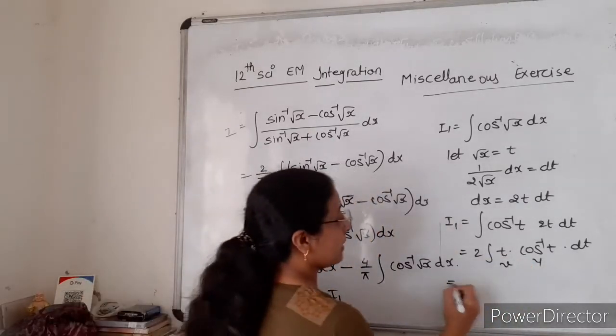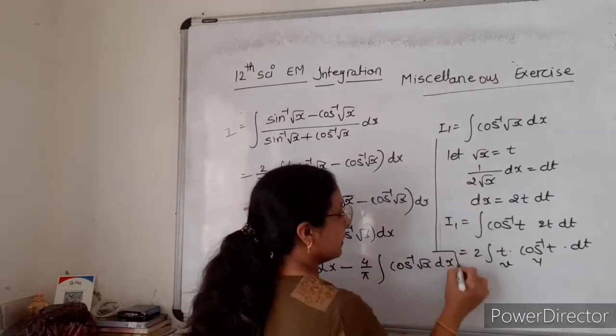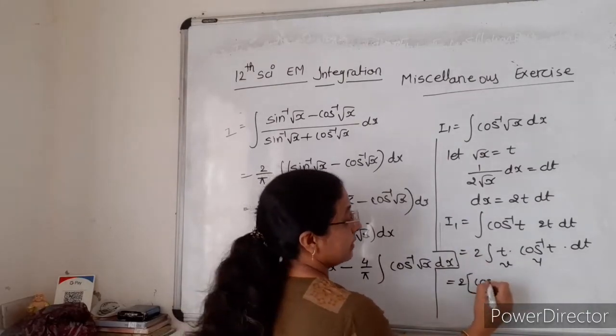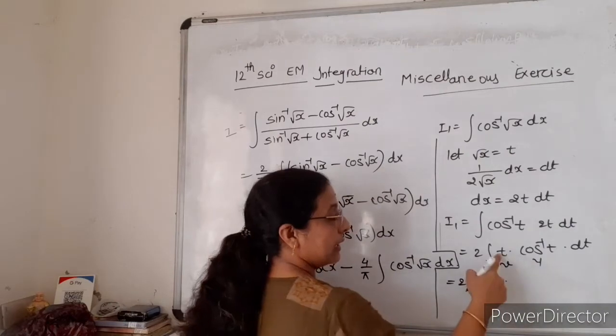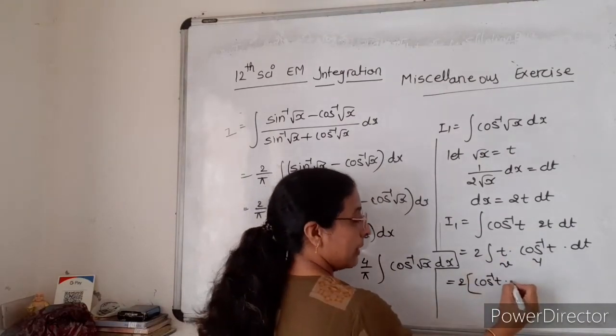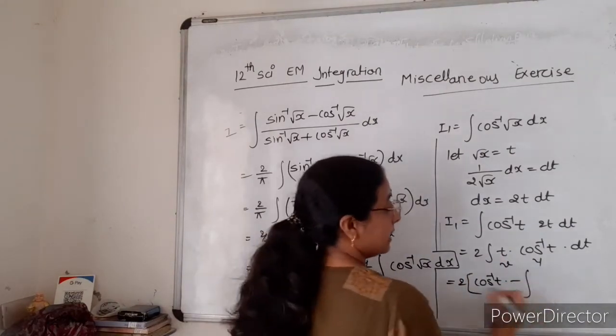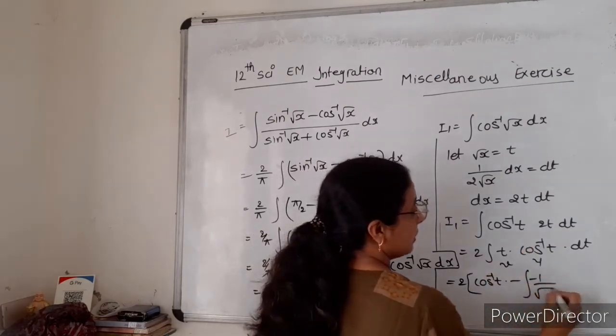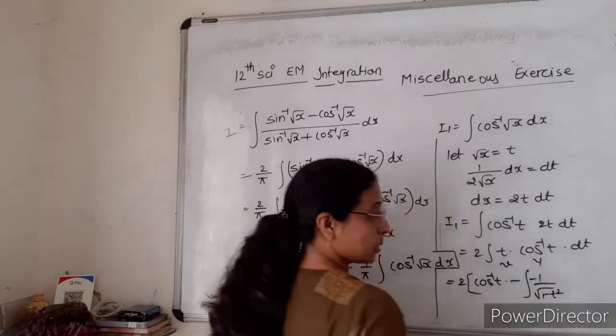So we will find the direct answer, that is 2 u constant, derivative of v is 1 minus integration of du by dt, that is minus 1 upon under root of 1 minus t square.